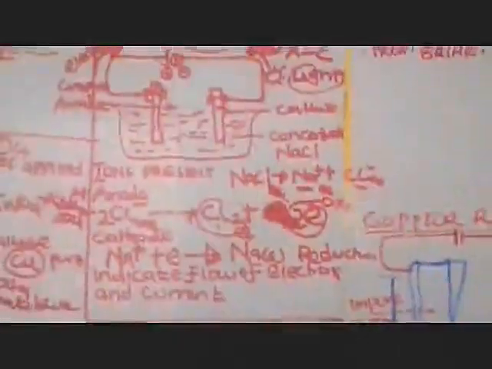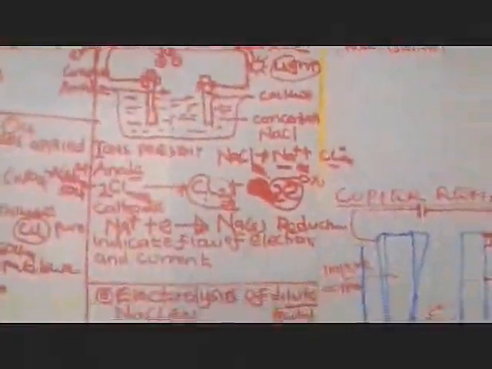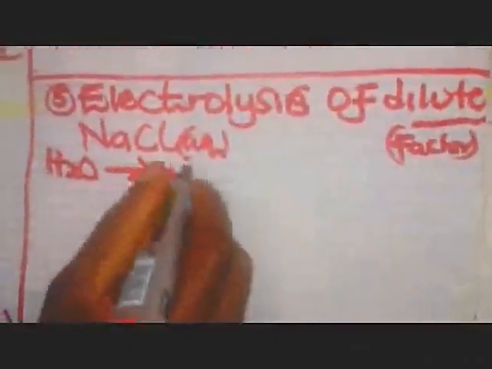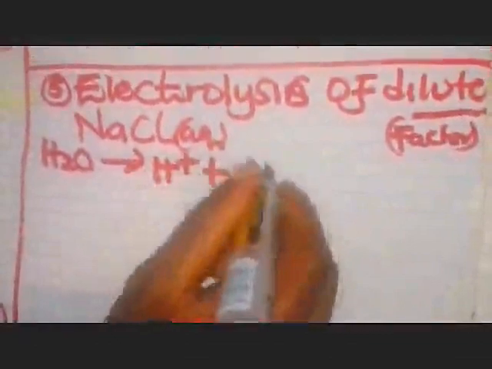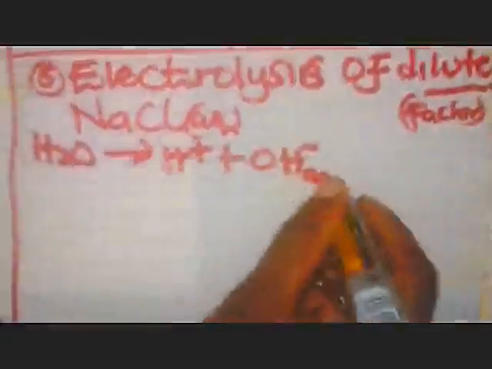Now remember, the factor here we are looking at is the factor of concentration. The previous one was concentrated sodium chloride, which we call brine. Now we are looking at dilute sodium chloride. So dilute sodium chloride means we have water in excess, and the water is breaking down to give us our hydrogen ions and our hydroxyl ions.